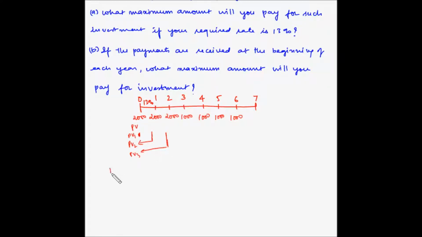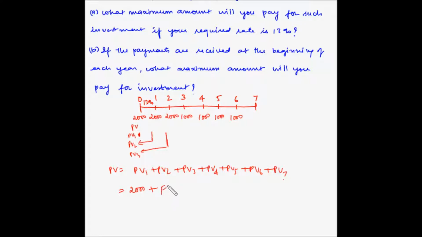So again the same thing, PV is equal to PV1 plus PV2 plus PV3 plus PV4 plus PV5 plus PV6 plus PV7. Now the first present value is 2000. PV2 is the 2000 rupee payment received at the beginning of the second year.